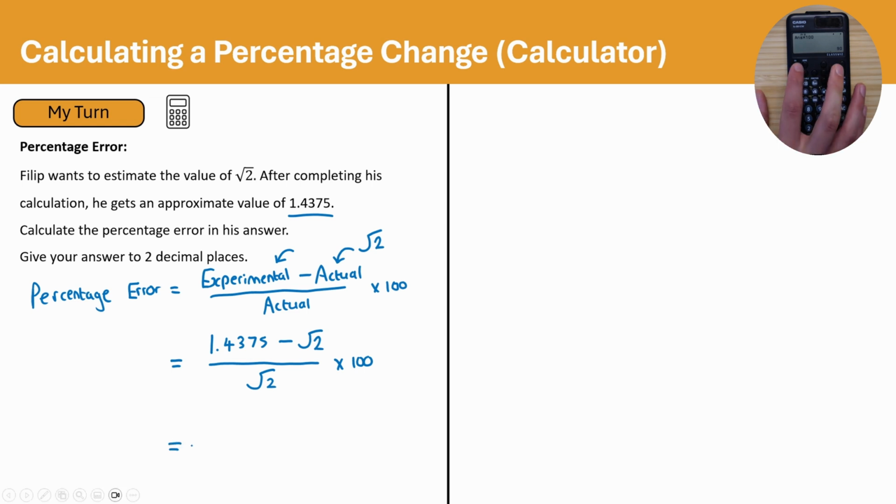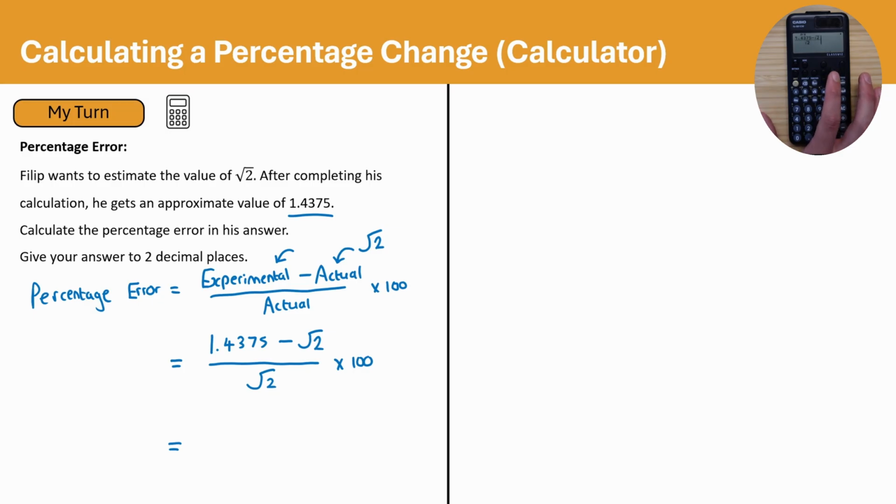So let's go over to our calculator, type in our fraction button, type in Philip's value, that's our experimental, the 1.4375, and we're going to take away root 2. Now, root 2 we do by typing this button, and then put our 2 in there, and then of course root 2 on the denominator as well. That's our actual value.